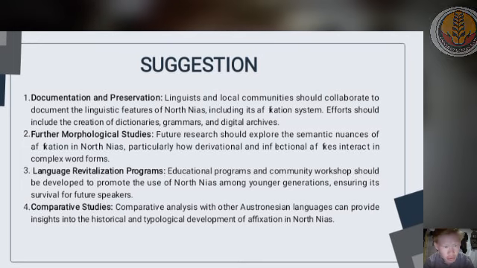Efforts should include the creation of dictionaries, grammars, and digital activities.